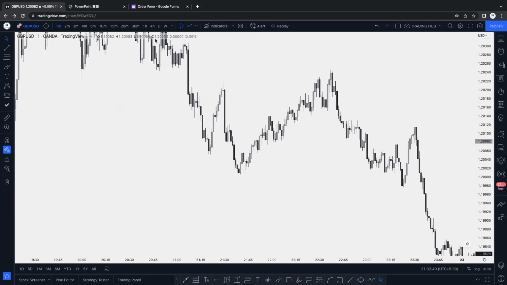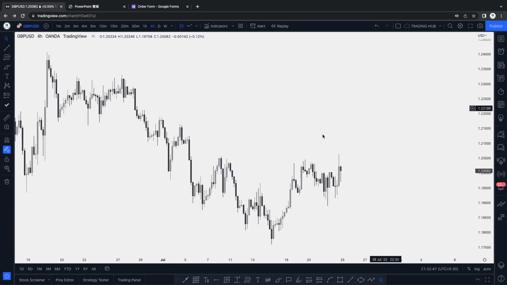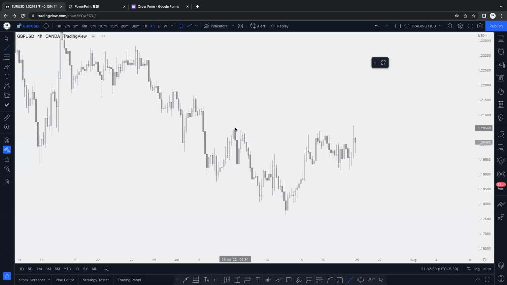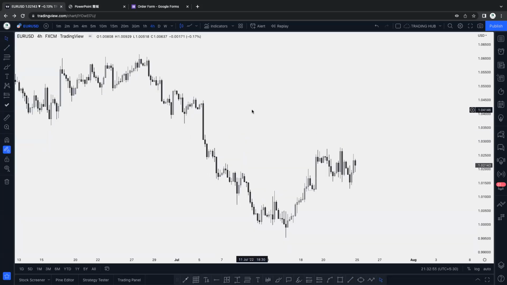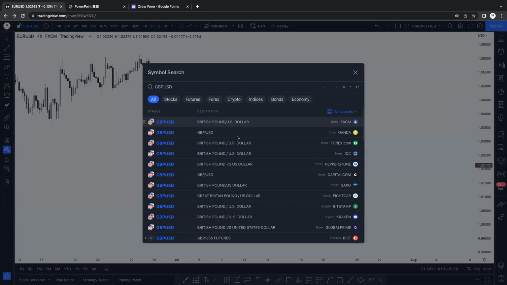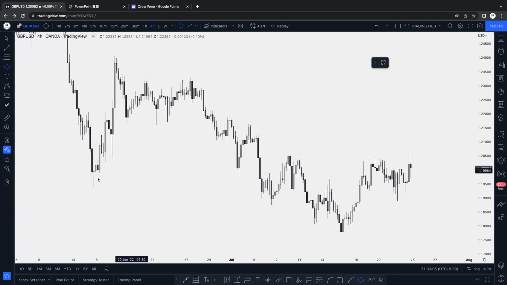Let me show you an example recently on GU. As you can see here, this is our structure. This is our 4-hour high. What happened? This is our structure, which is here.